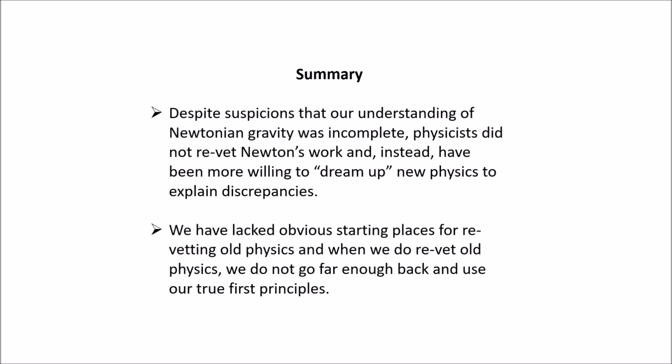And we've also lacked an obvious place to start, because we have a tendency not to go back far enough. We start with our derived first principles, and they're not really the first principles. We have to go back further, and we don't do it. And that's a failing in academic physics.